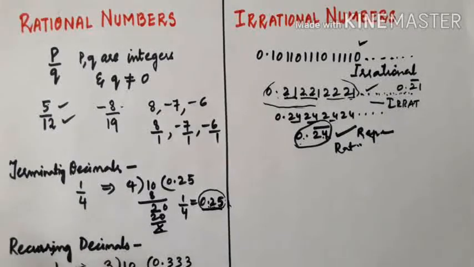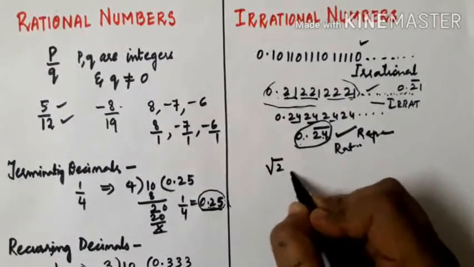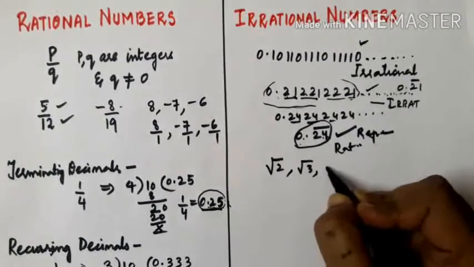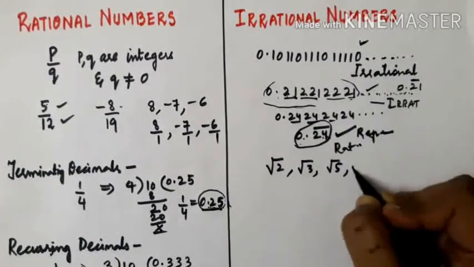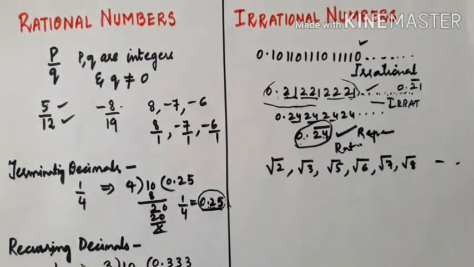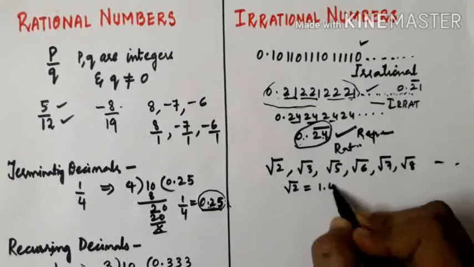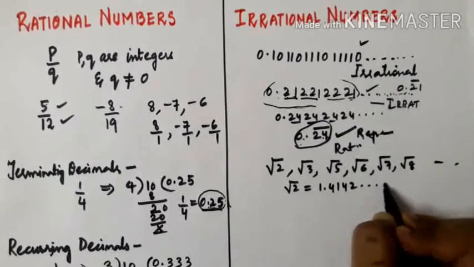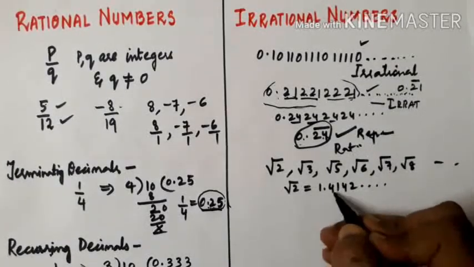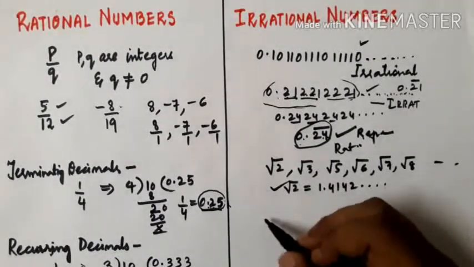Next, the square root of every non-perfect square is irrational. Suppose root 2, root 3; root 4 is a perfect square; then root 5, root 6, root 7, root 8, whatever non-perfect squares we have, all are irrational numbers. The value of root 2 is 1.4142 and so on, which is clearly non-terminating and non-repeating, so we say root 2 is an irrational number.